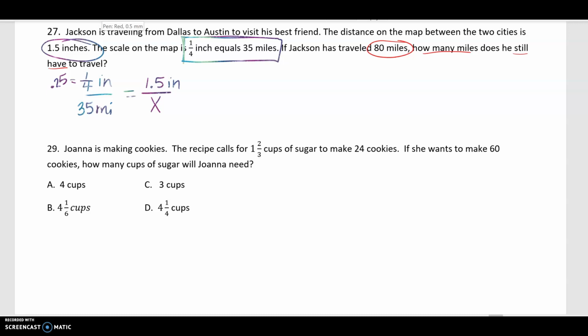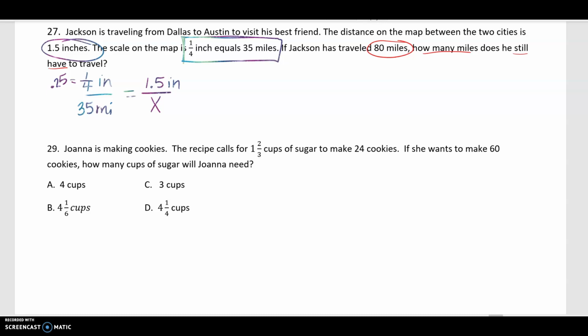So make sure you're always going back to look at what the question is asking for, because we wouldn't want to just do this fabulous proportion and find out how far it is and forget to take away how many miles he's already gone.